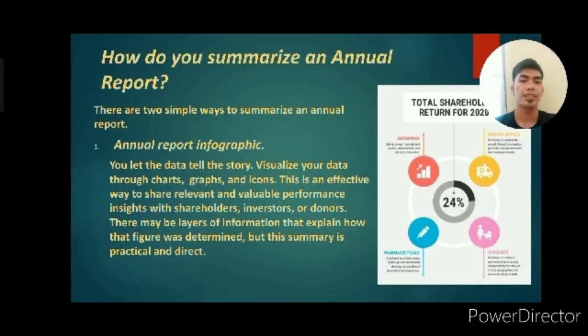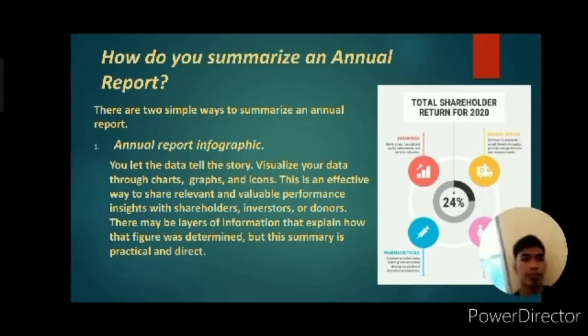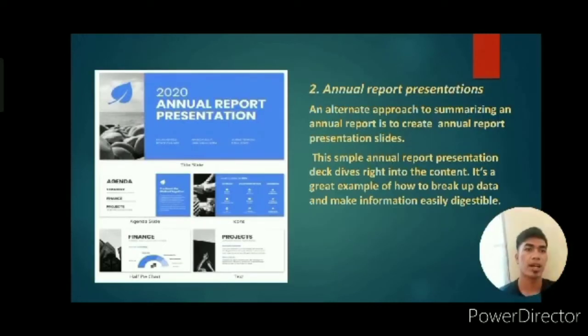There may be layers of information that explain how the figures were determined, but the summary is practical and direct. Annual report presentation. An alternate approach to summarizing an annual report is to create annual report presentation slides. This simple presentation dives right into the content. It's a great example of how to break up data and information into easily digestible pieces.